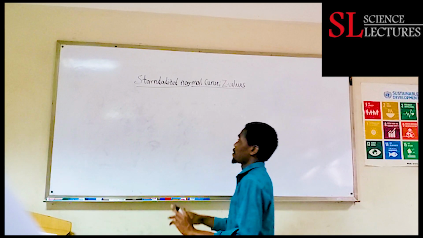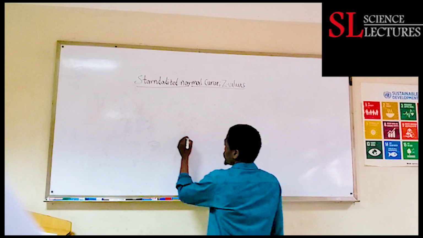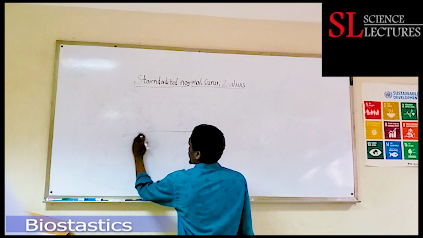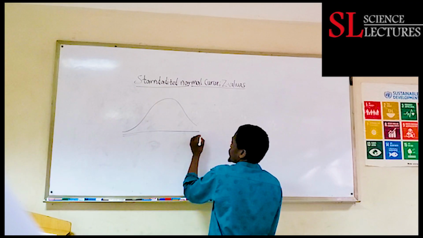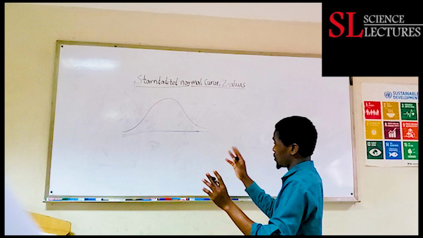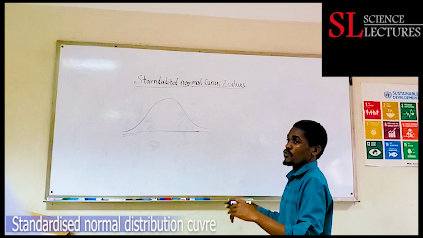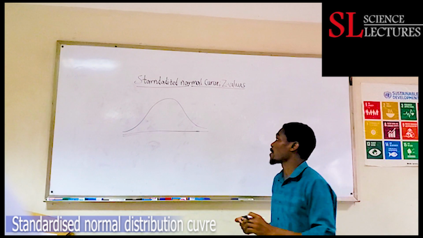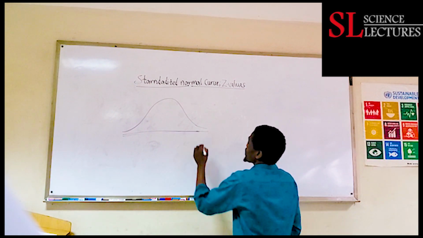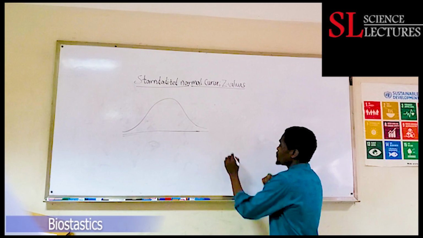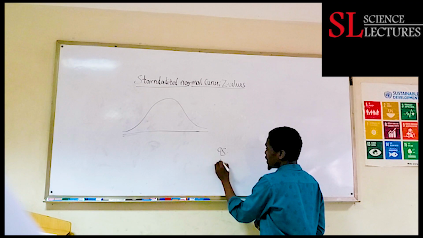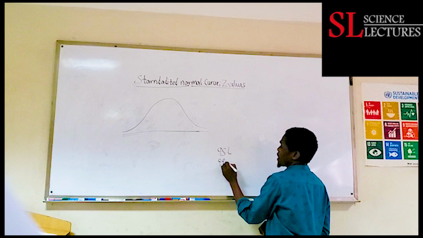So we are saying the thing is simply the standardized normal distribution. So we have our curve there, and it's a normal distribution curve. We imagine our n is greater than 30. So we have what we call z criticals, and we have two criticals. We have a critical at 95% and a critical at 99%.